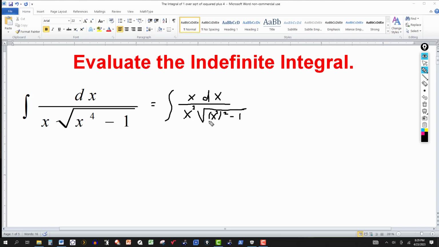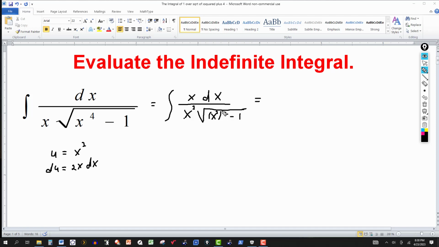Remember the formula I'm trying to come up with; I want it to look like that. In order to do that, I want this x squared to be a u. So let u equal x squared. Then take the differential: du equals 2x dx. Again, we're transforming the integrand into something we can use.